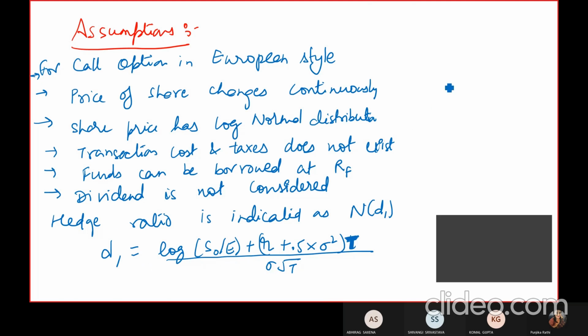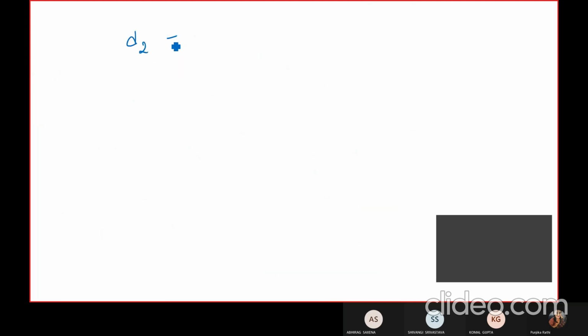This we have discussed. What is D1? After calculating D1, we calculate the D2. D2 is equal to D1 minus sigma under root T. C naught is the call premium.